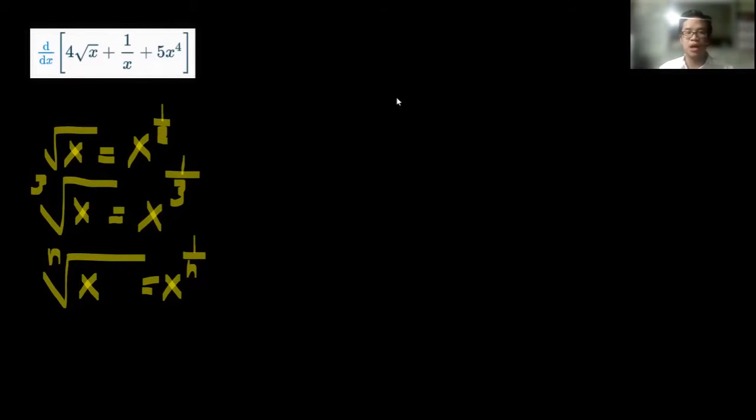Next, how about if I have 1 over x? This is basically a reciprocal, because if we see this one, it's the same as x raised to negative 1. In other words, if you see this type of term with x below, you just need to get the exponent, bring it up, but make it negative.